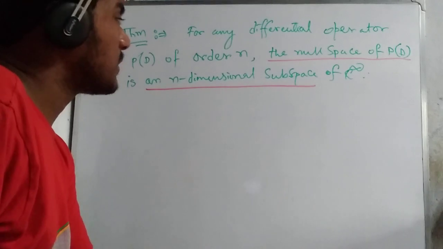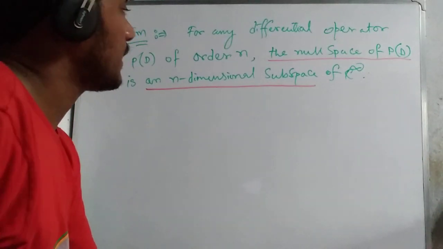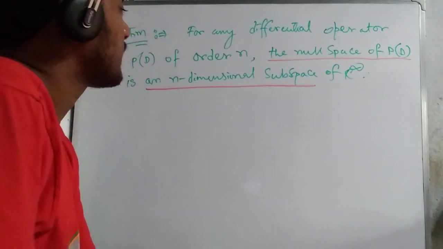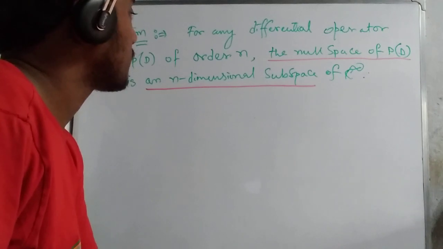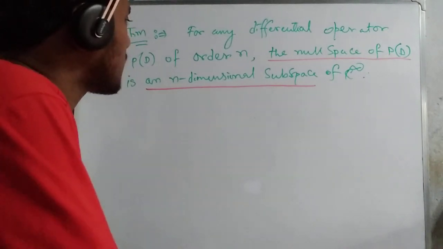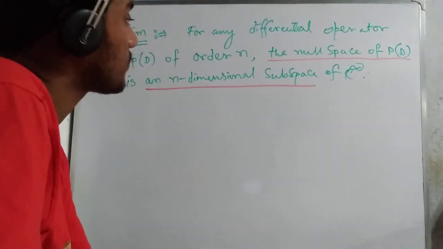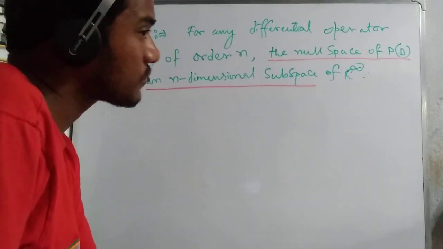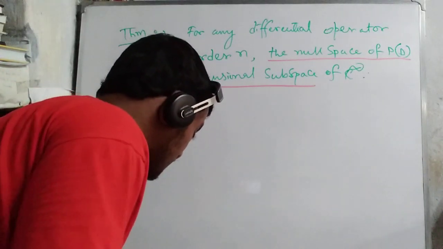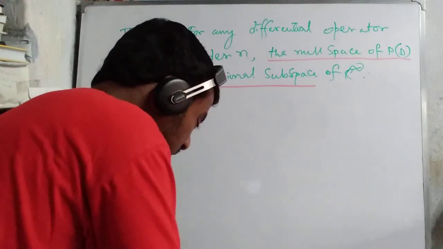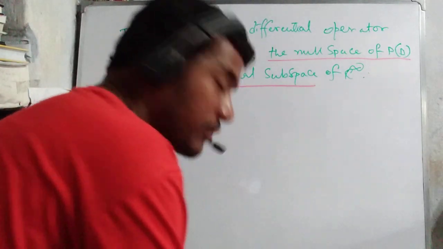That means if we take any vector from this null space, then it is obviously infinitely many times differentiable. This is what we discussed today, and today we stop here.